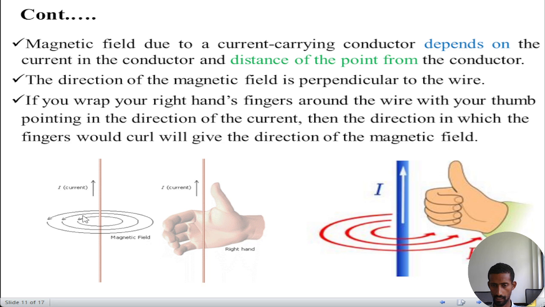If the current is moving from this point to this point, the direction of the magnetic field is always perpendicular to the current carrying conductor, and its direction will be determined by the right hand rule.